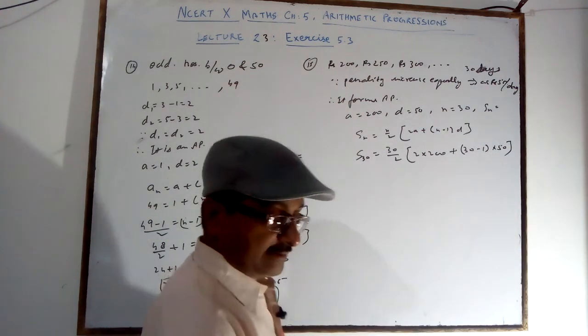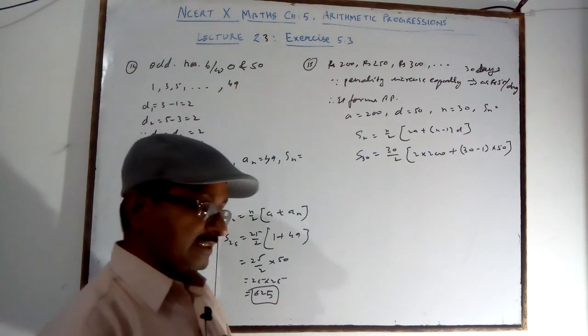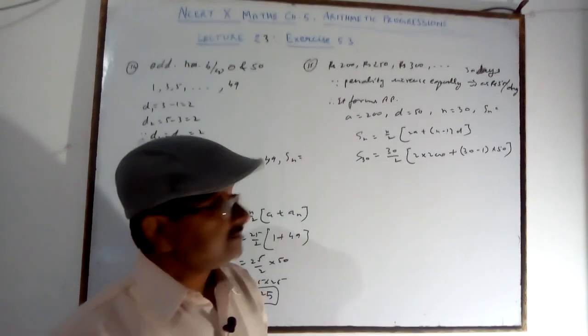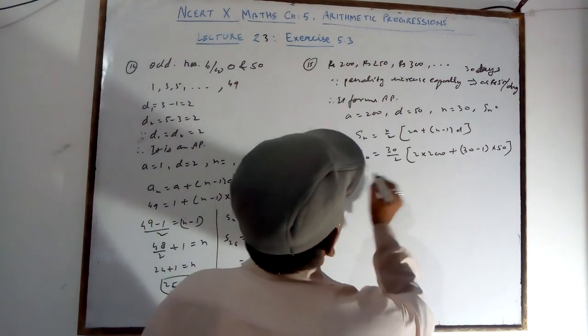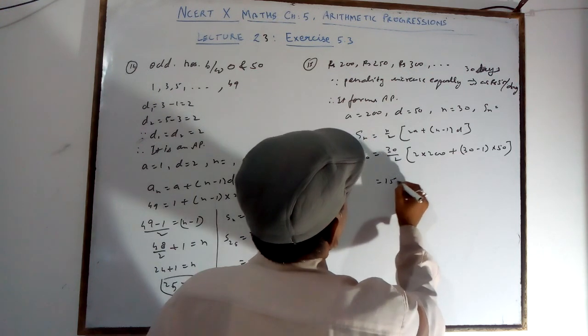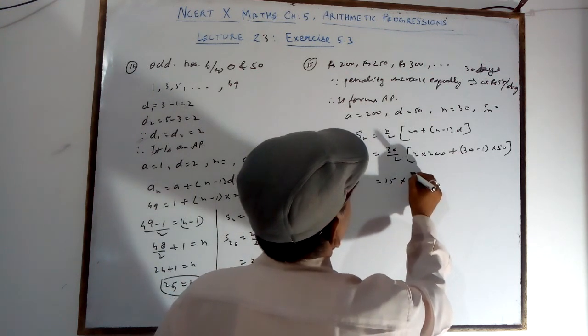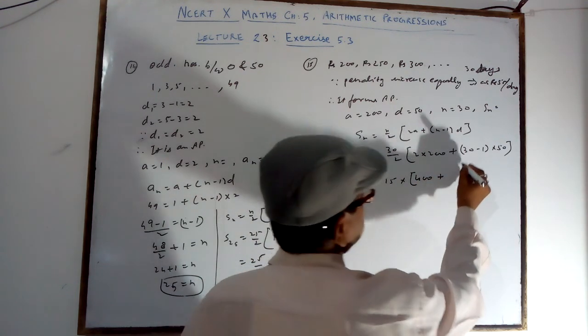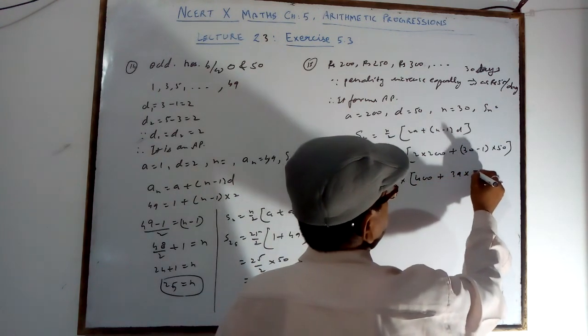Rupees 50 per day. How much penalty will be at the end of 30 days? Simply you will do 15 into 400 plus 39 into 50.